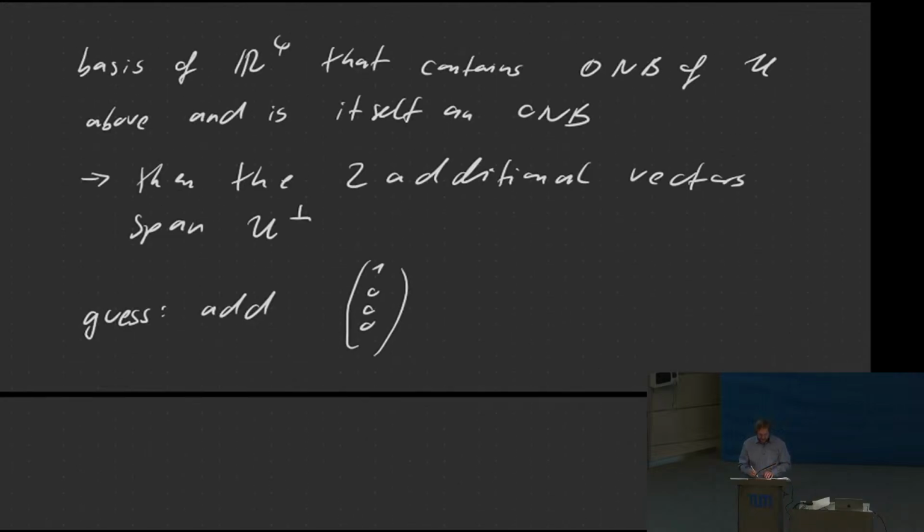So point is, I can just give it a try, and if it works, I'll get an orthogonal vector. If it doesn't work, I get the zero vector. And that's a clear indication that the vector I started with is already contained in the space I have so far, right?